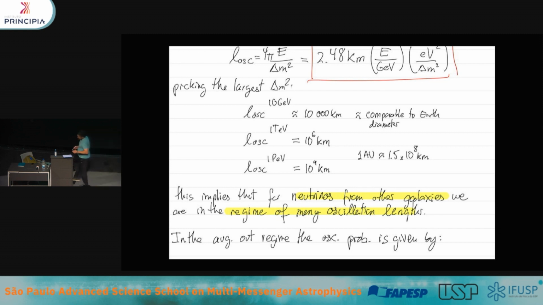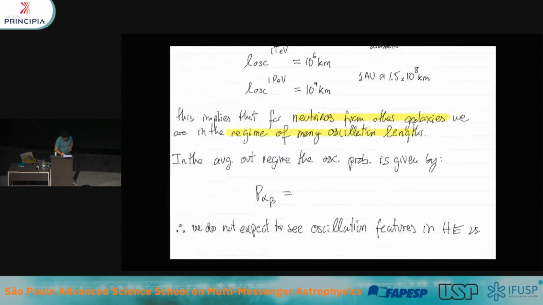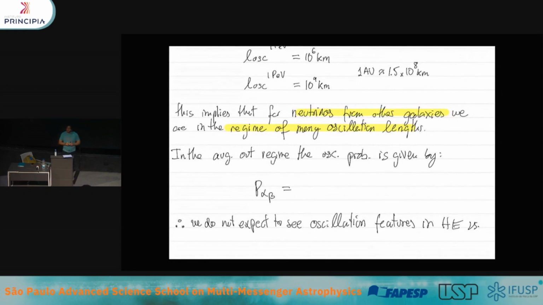That means that we are in the regime where the oscillation probabilities are averaged out. In the averaged out oscillation probability regime, there is no dependence on the energy between the flavor range of neutrinos. And that means that you can write the neutrino oscillation probabilities in this regime in the following way.